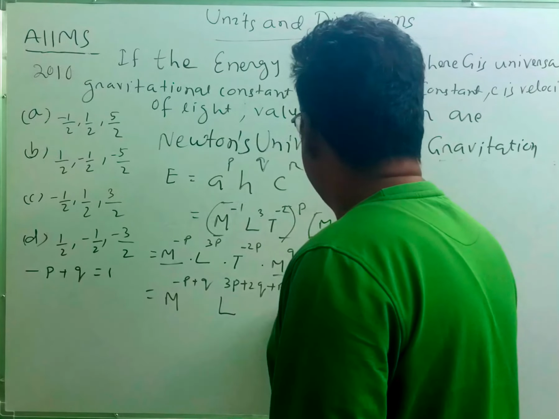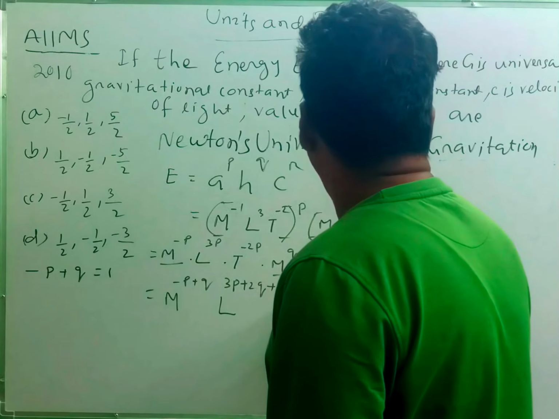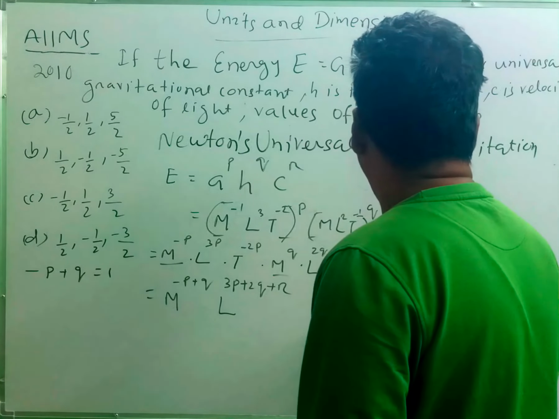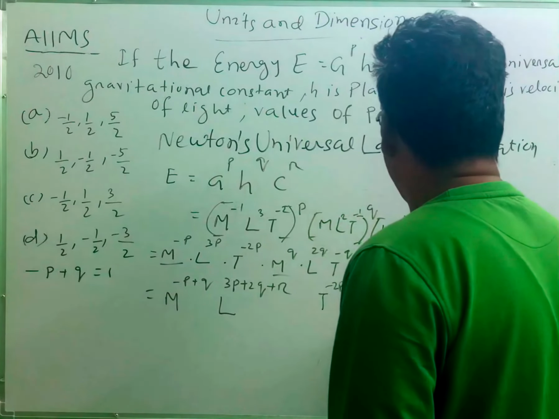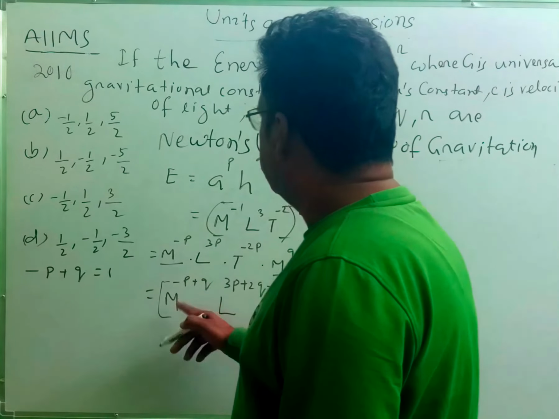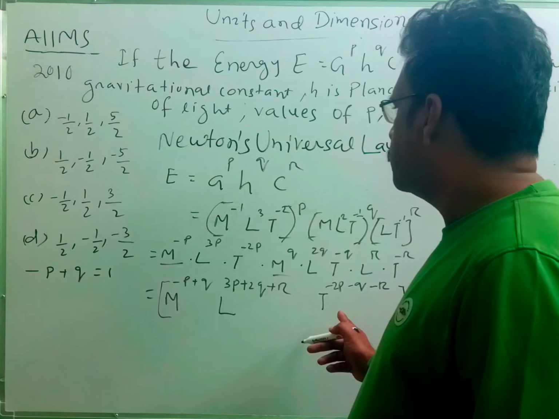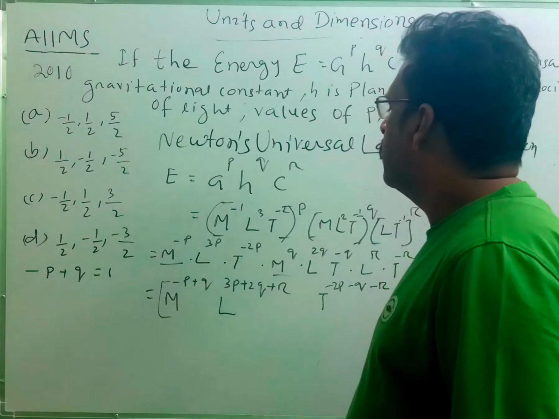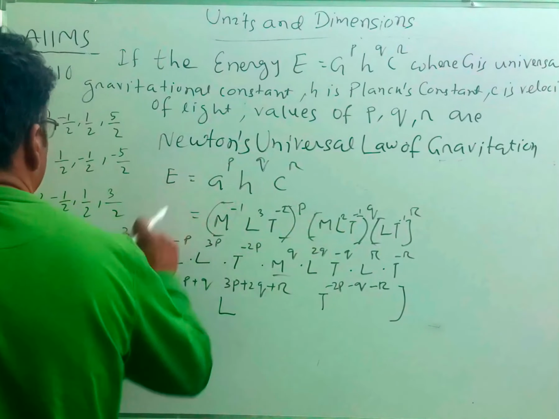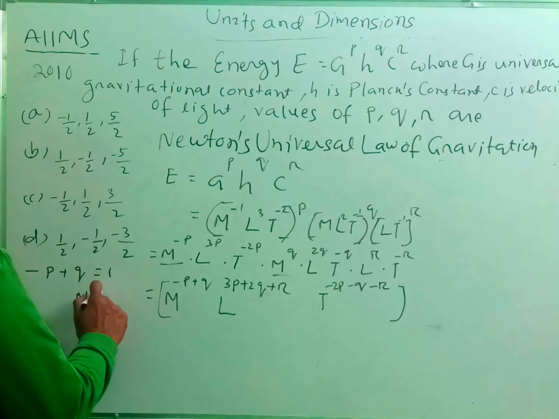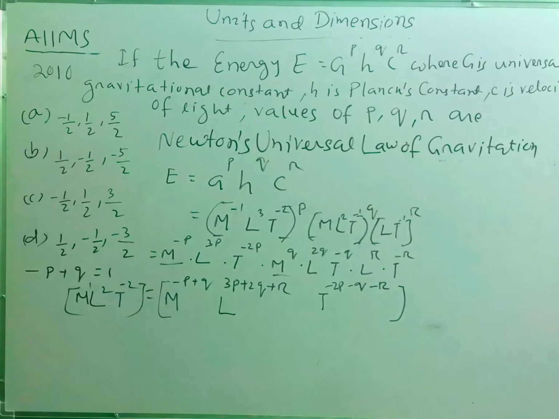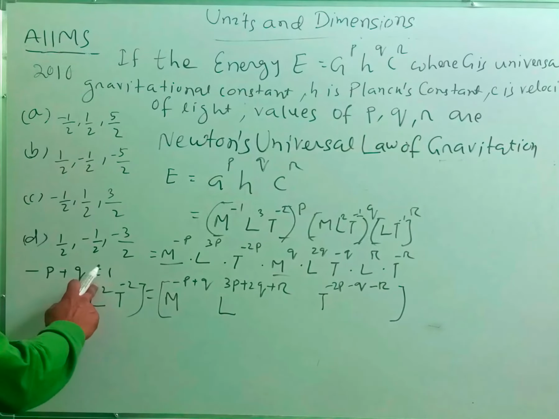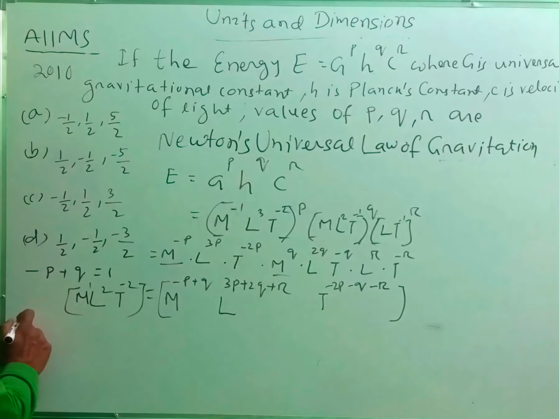So T to the power minus 2p minus q minus r. On expansion we get this, and the dimensions of mass, length and time must be equal to the dimensions of the left hand side. What is on the left hand side? That is energy, and we know the dimensions of energy, student, M1 L2 T minus 2. What is the dimension of mass here? 1. Here it is minus p plus q.